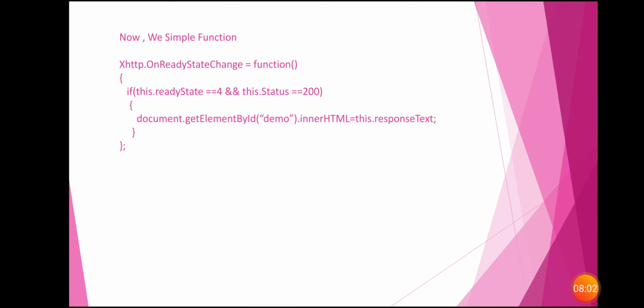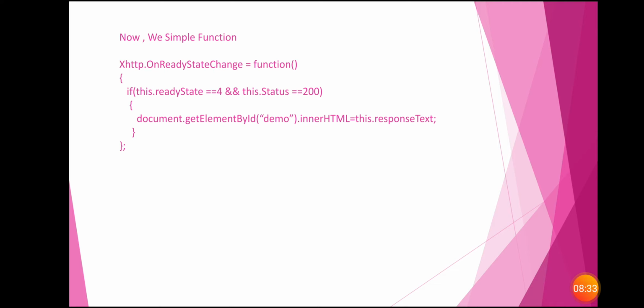Now we write a simple function. In this, first we write a function for the onreadystatechange property. xhttp.onreadystatechange = function() { if this.readyState == 4 and this.status == 200, document.getElementById("demo").innerHTML = this.responseText }. So when the readyState property changes, every time this function is executed.